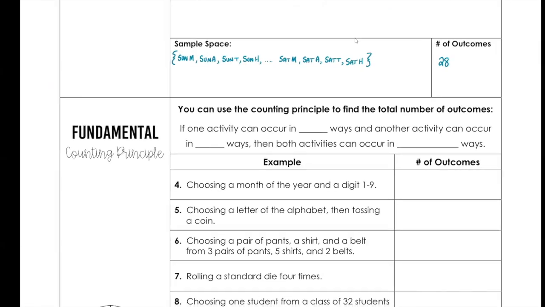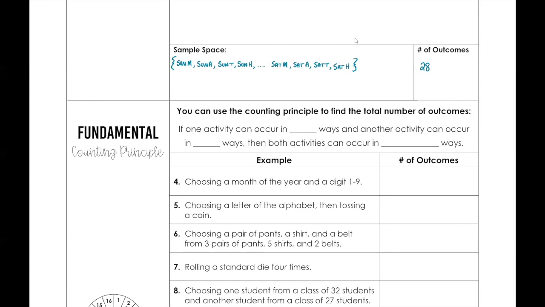Now, trees can be helpful, and they can help you look and see and understand what's happening and visualize it. But sometimes you don't want to draw out 7 days of the week and then spell math 7 more times. So if we want to use the fundamental counting principle, we can multiply our 2 experiments together and find our total number of outcomes.